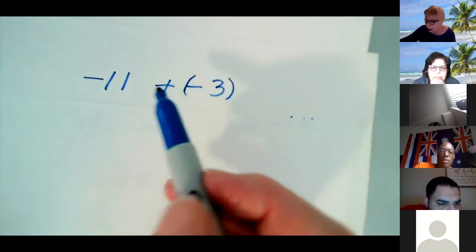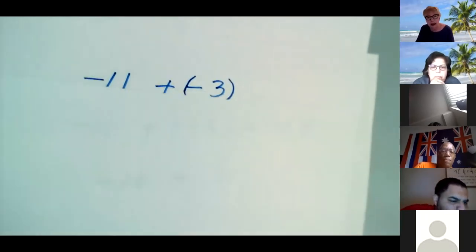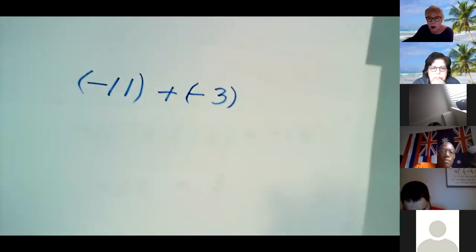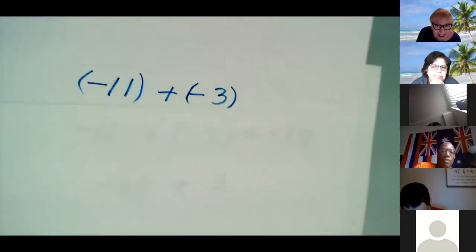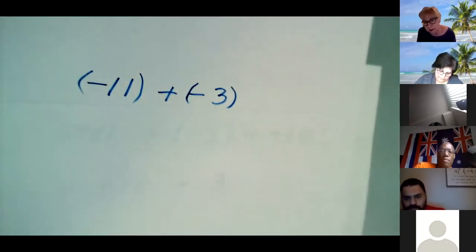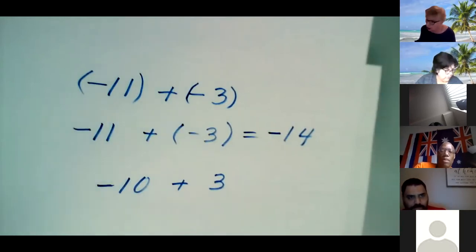This number, this 11, didn't have to have parentheses, but once in a while they actually do it so that you can clearly see without a holy mess that it was a -11 added to a -3. So they're trying to visually help you. Okay, that makes sense. Thank you. Okay, good enough. I thought it was pretty good.